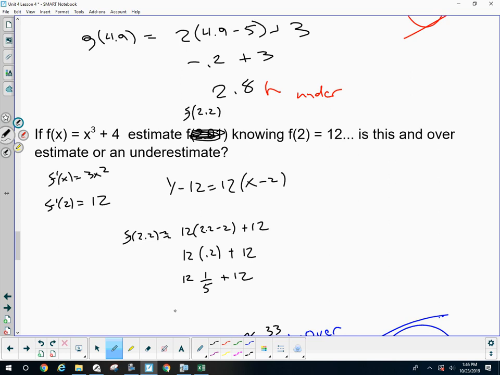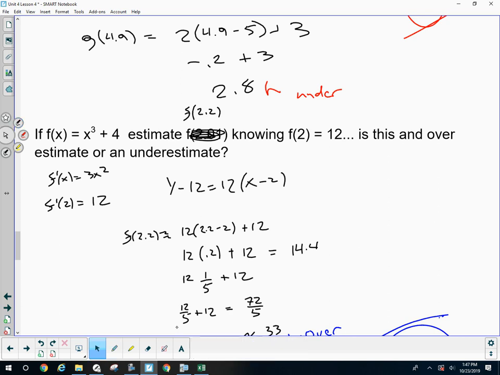Either 12/5 plus 12, 72/5, or 2.4 plus 12 is 14.4.